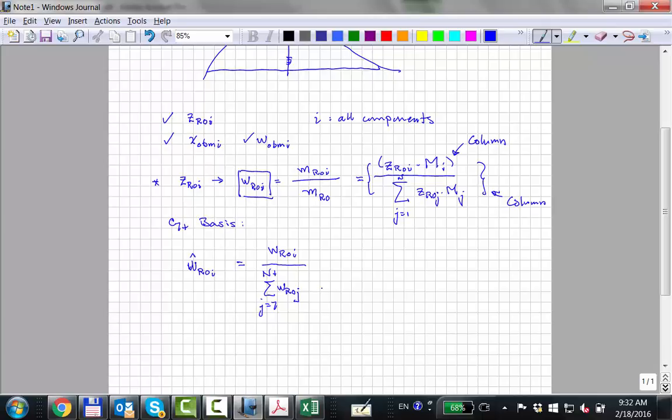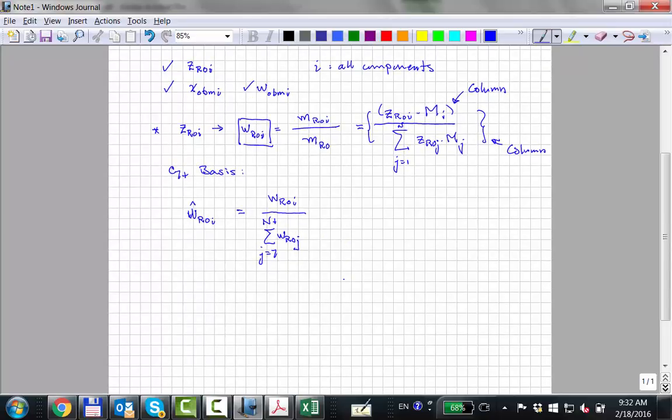Now the oil-based mud only contains C7 and heavier materials. It starts at C10, so it already is a C7 plus, right? There is no light stuff in the oil-based mud. So this is the reservoir oil on a C7 plus basis.